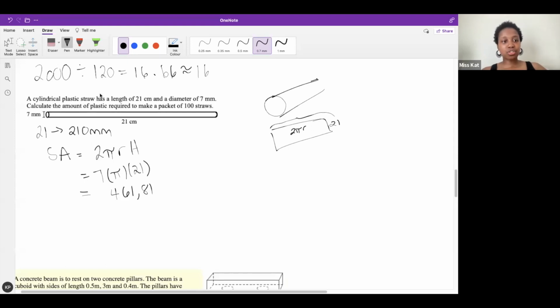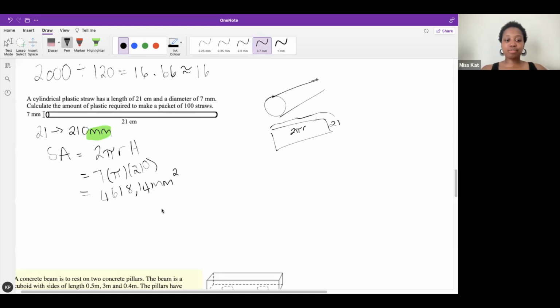But remember, we changed it to millimeters. Oh, but I substituted centimeters, didn't I? I used two different units because I used 7 millimeters. So this is supposed to be 210. Let's hear what the correct answer is. Let me just quickly switch it. 4,618.14 millimeters squared.